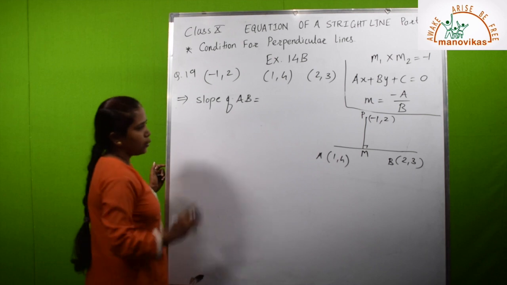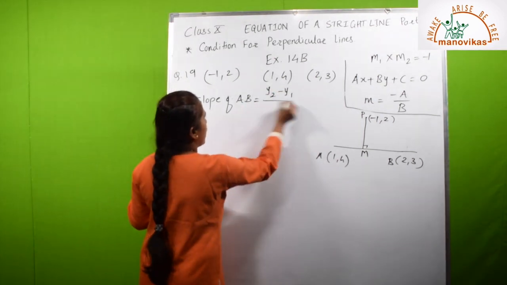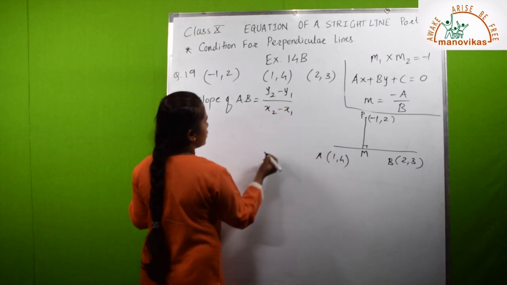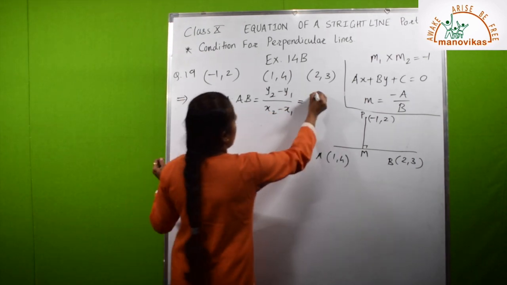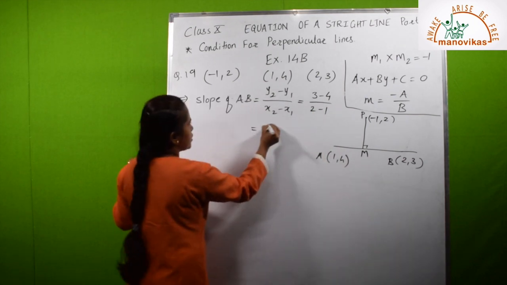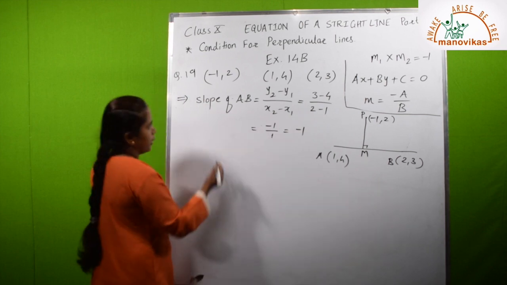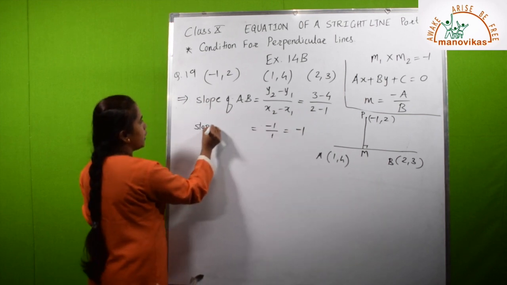Slope of AB: again the coordinates are given, so what is the formula? (y2 minus y1) upon (x2 minus x1), that is (3 minus 4) upon (2 minus 1), that is minus 1 over 1, that is minus 1. This is the slope of AB.